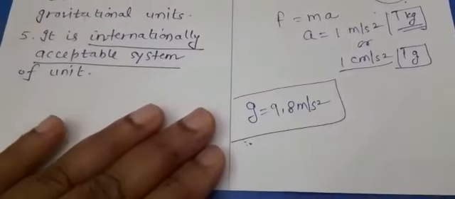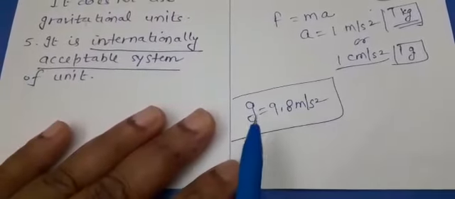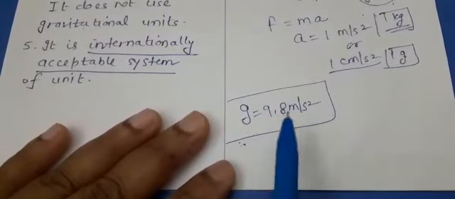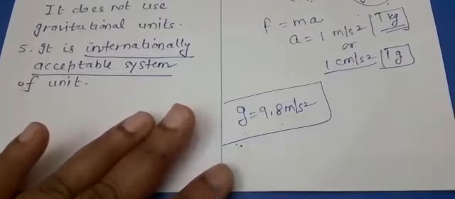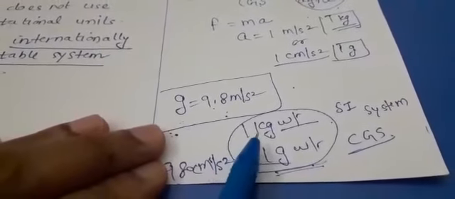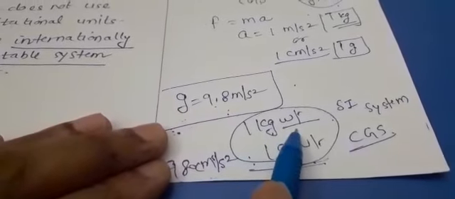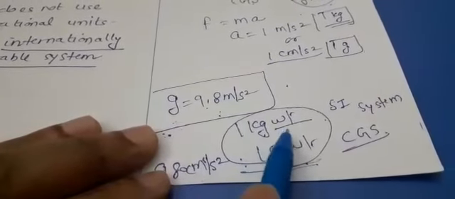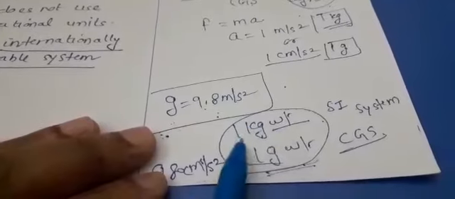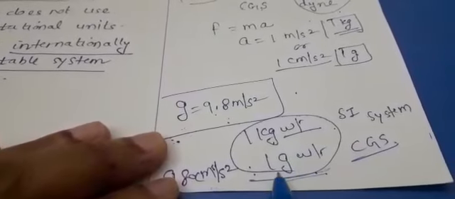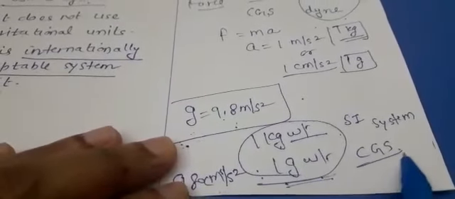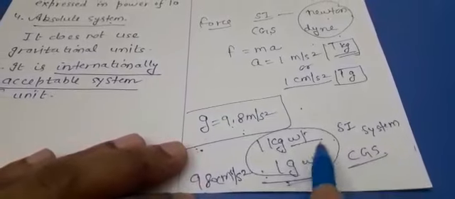In gravitational system, you will take a unit where the effect of gravity is considered. In the junior classes, you have studied the unit of force to be 1 kilogram weight. So 1 kilogram weight is a unit in gravitational SI system, whereas 1 gram weight is a gravitational unit in CGS system.